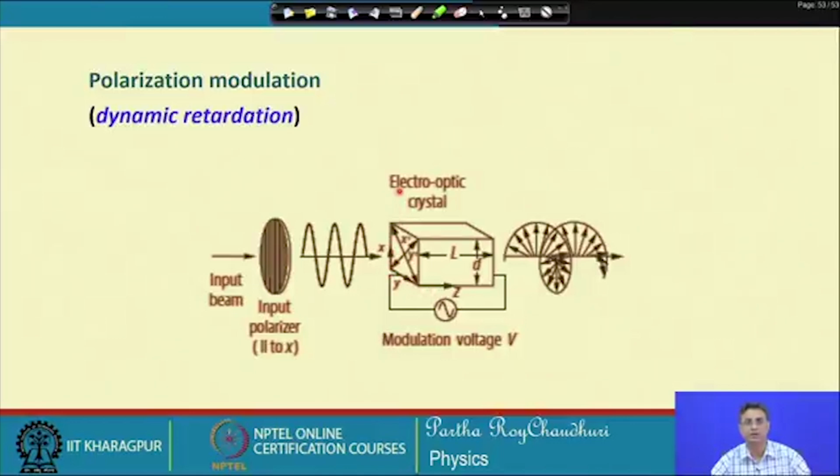By saying old, I mean that in the absence of any voltage, this is the principal axis system, principal axis x and principal axis y, and principal axis z does not change, but once I apply the voltage, the new principal axes are x dash and y dash.